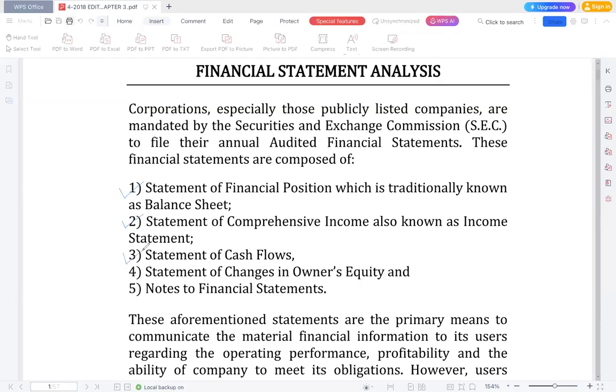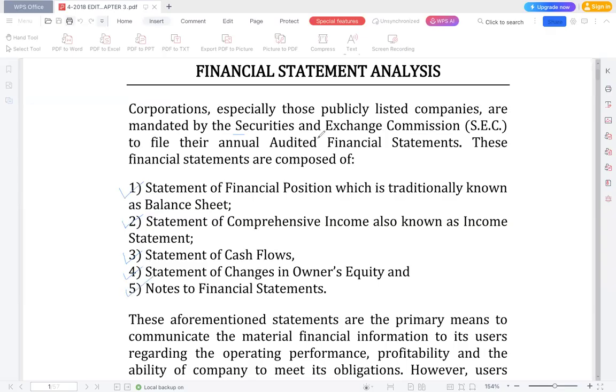We also covered the statement of cash flow, wherein we discussed operating activity, investing activity, and financing activity as the source of cash, the inflow or outflow of cash. Then the statement of changes in owner's equity, the shareholder's equity, composed of income as well as retained earnings, and the notes to financial statement.